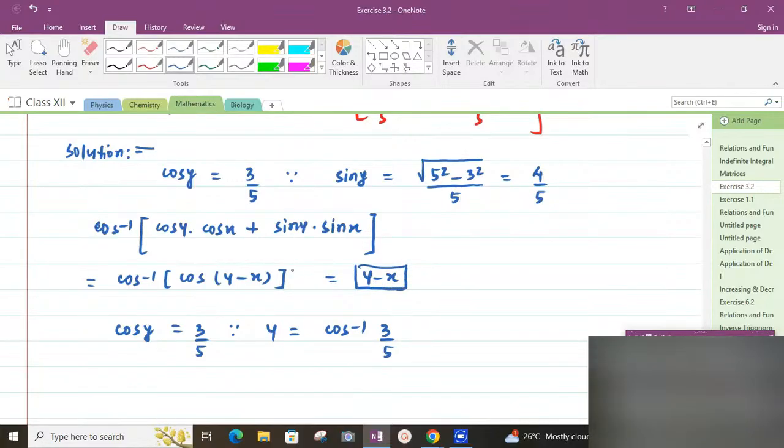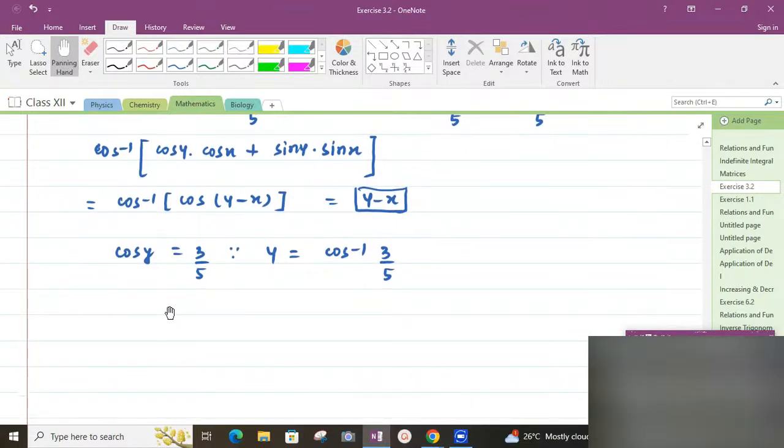Now putting the value of y, we write down cos inverse 3 by 5 minus x.